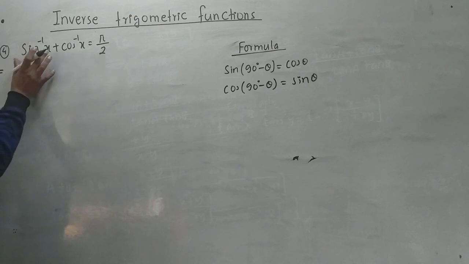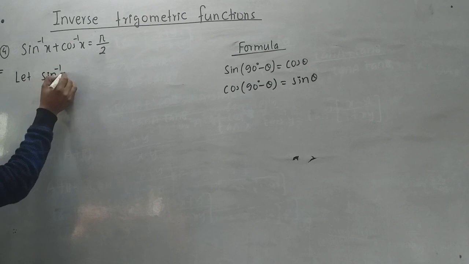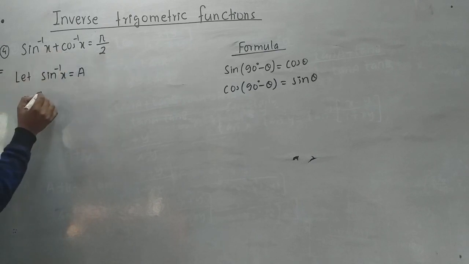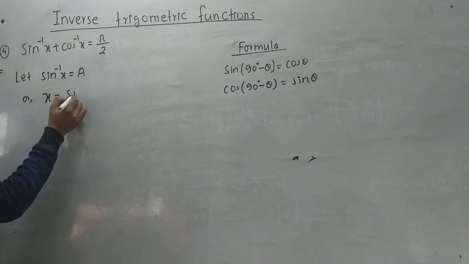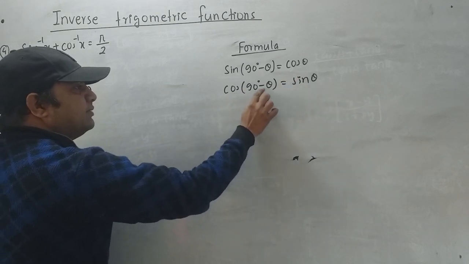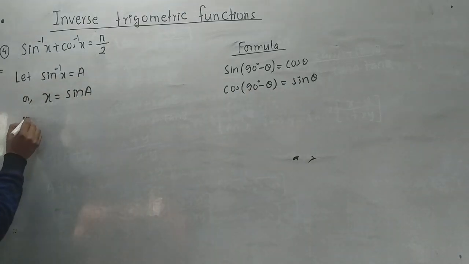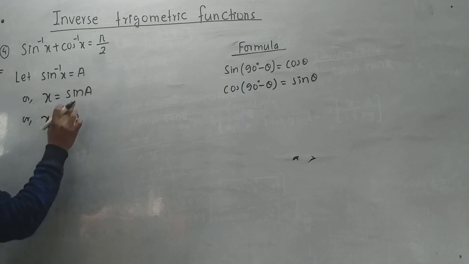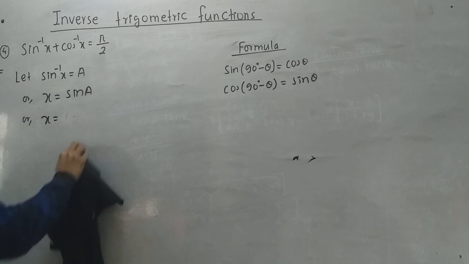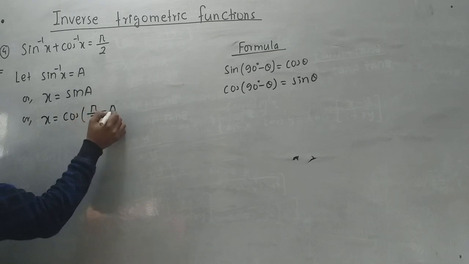Let me suppose that this variable is angle A. So let sin inverse x equals A. Then x equals sin A. Now for sin theta you can replace it by cos(90 minus theta), so sin A you can replace by cos(90 minus A), and 90 you can replace by pi by 2. So x equals cos(pi by 2 minus A).